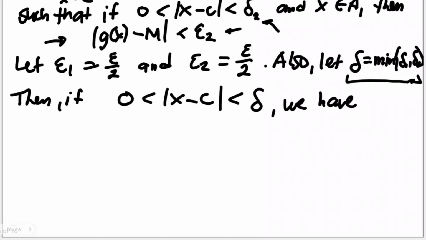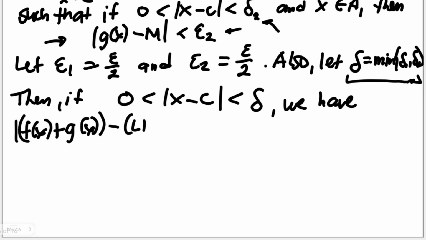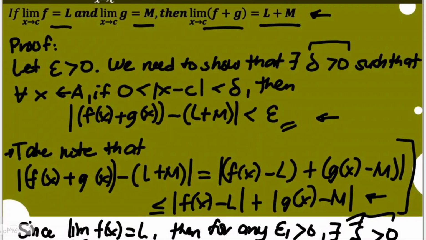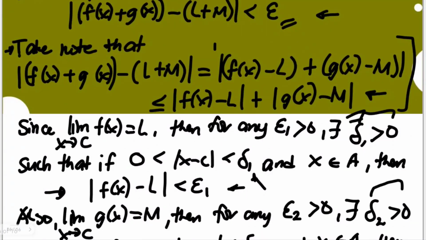We'll have f of x plus g of x minus the sum of L and M, which was again represented by the triangle inequality. No need to write the middle portion.